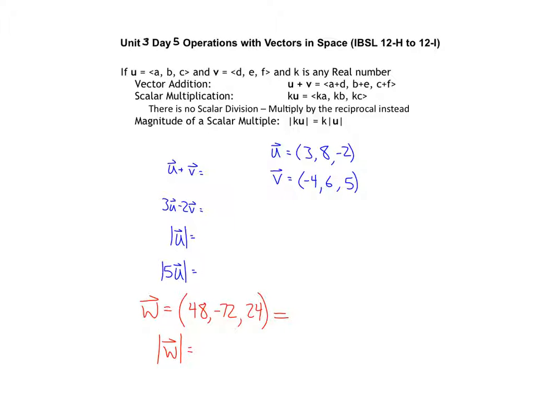Alright, so in our previous lesson, we introduced vectors in space, and our main idea here was we wanted to see the similarities between what we were doing with vectors in 2 dimensions and what we're doing now with vectors in 3 dimensions. And like we said, there are a lot of similarities here.